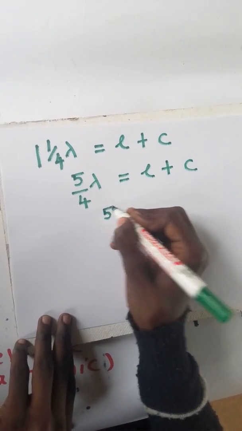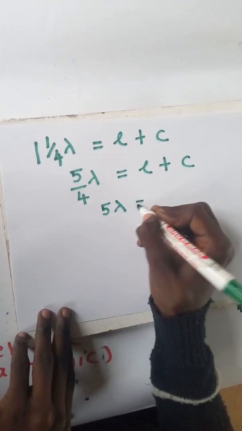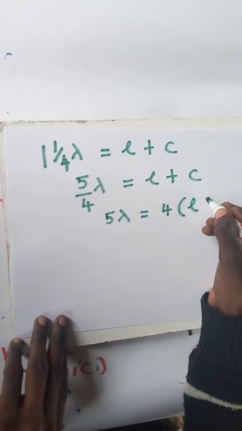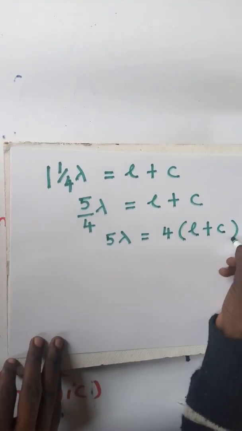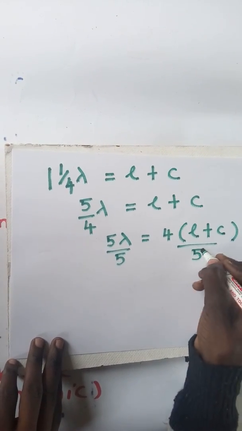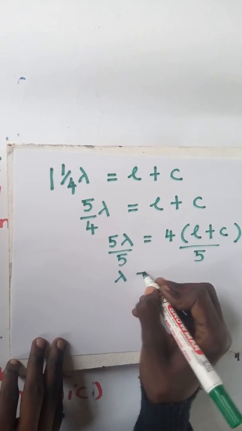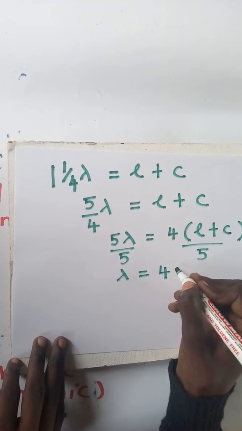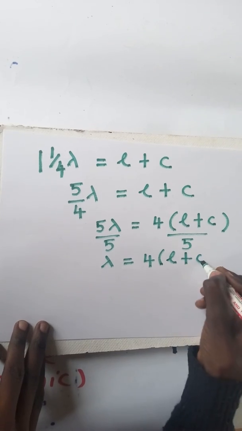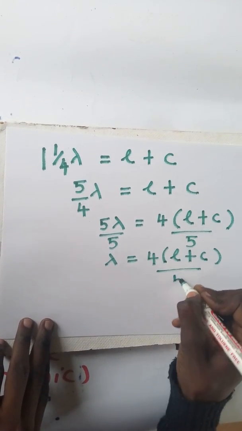Here it is 5 wavelengths is equal to 4 times (length of the closed pipe plus end correction). Divide by 5 both sides so as to get the wavelength. So wavelength is equal to 4 times (length of the closed pipe plus end correction) over 5.